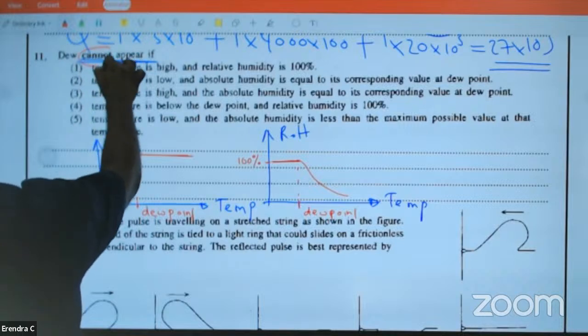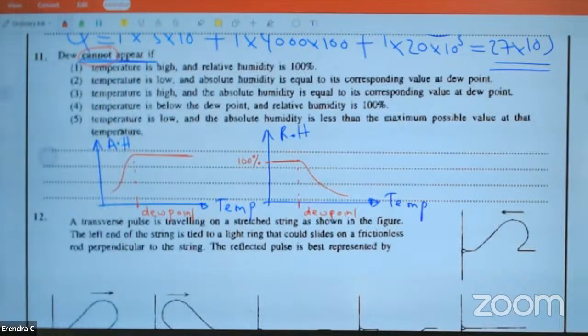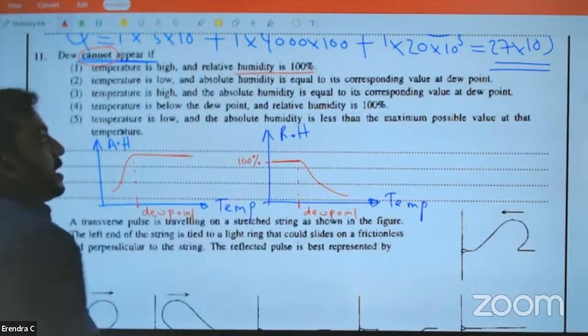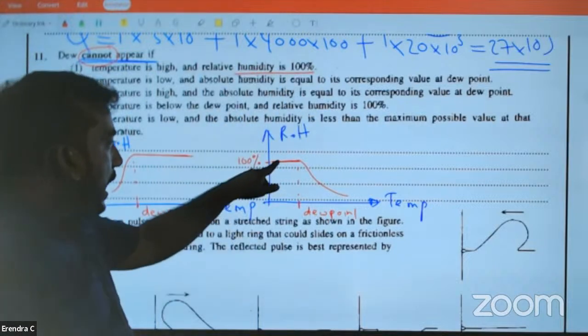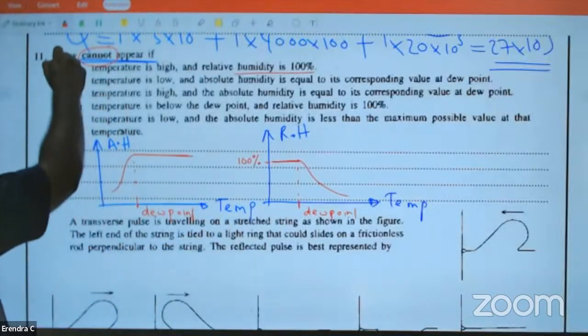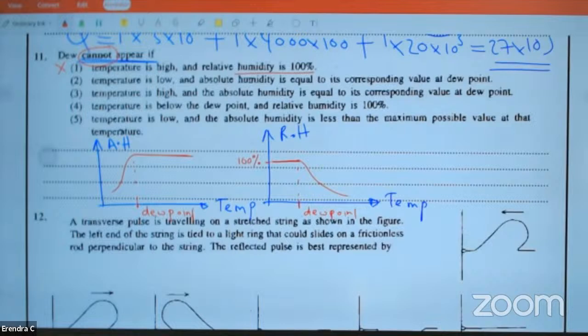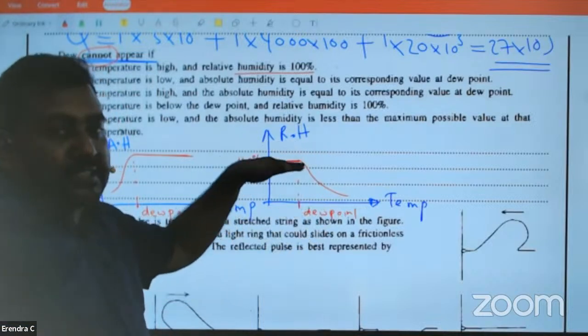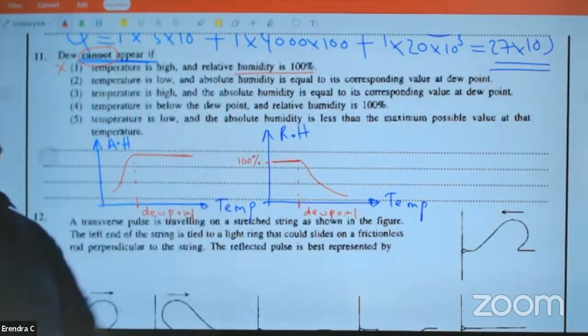Dew cannot appear if temperature is high, relative humidity is 100%. Wrong. RH is 100% means the dew point has been reached. Whether it's high or low, we don't know how much the dew point is. But if RH is 100%, it is guaranteed to have been reached.